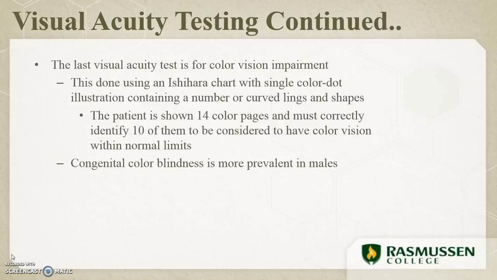Typically, men have color vision defects more often than women. We will use the Ishihara test, which is a printed card book with single color dot illustrations containing a number or curved lines. The patient is shown 14 cards, and they must correctly identify at least 10 of them to be considered having normal color vision.